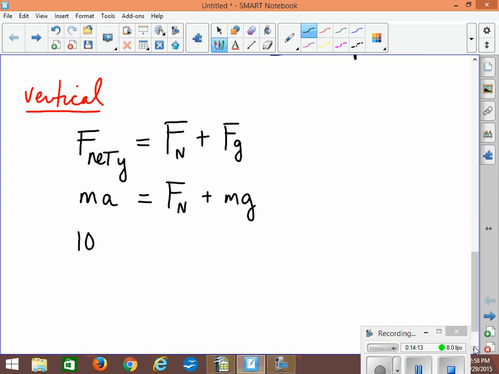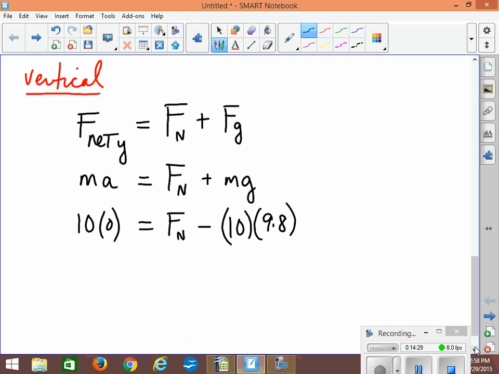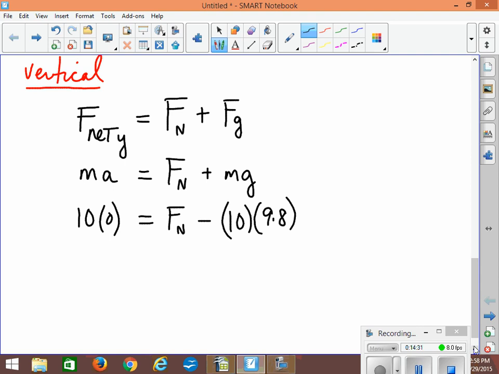So that means acceleration would be 0 for the vertical direction. I know that the mass is 10, so I can put it for this m, and I know g is 9.8, and guess what? This arrow points down. So I'll put a minus in there to show the arrow points down. It's the force of gravity. So 0 equals Fn minus 98.